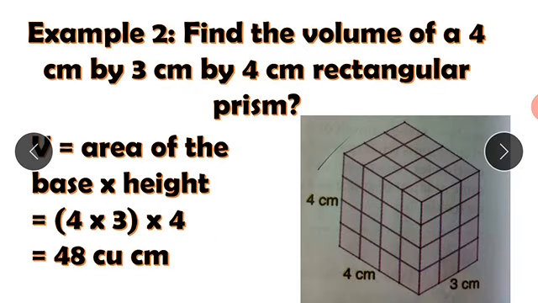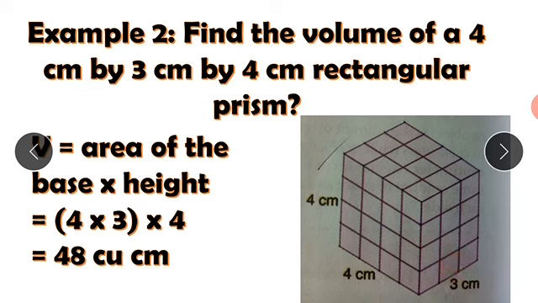Second one is find the volume of a 4 centimeter by 3 centimeter by 4 centimeter rectangular prism. First we will solve for the area of the base. The length is 4 centimeter and the width is 3 centimeter.